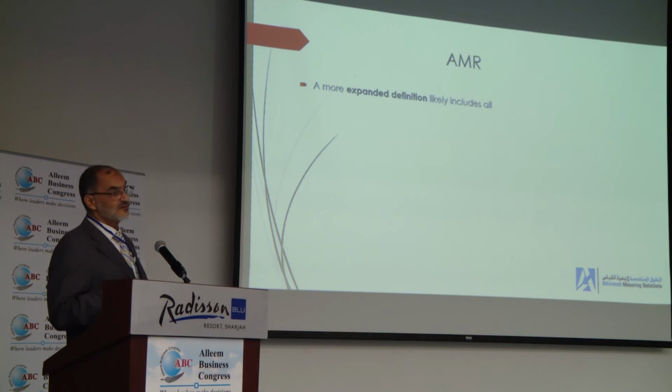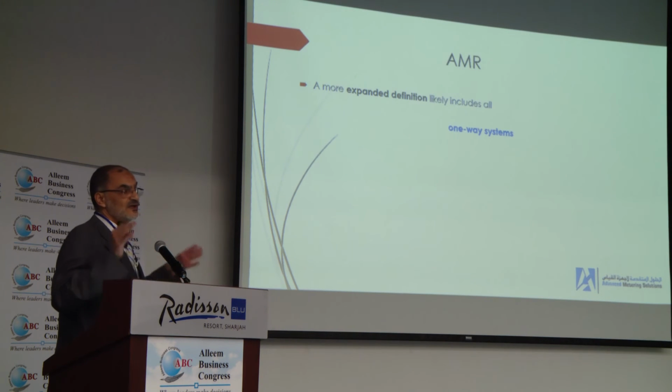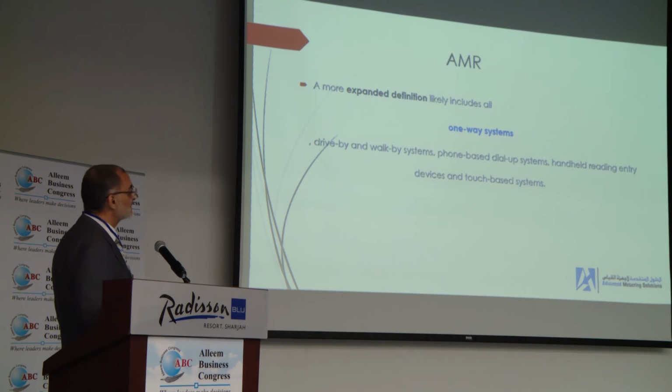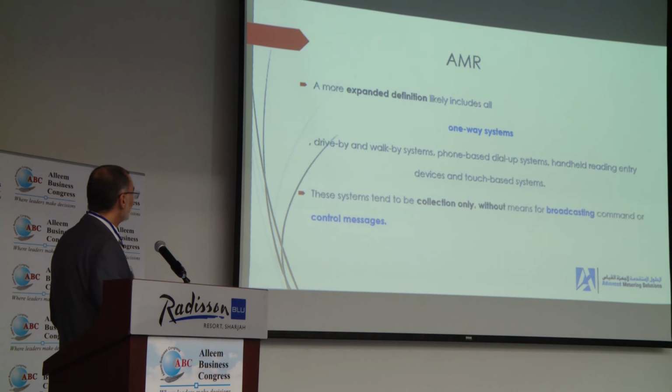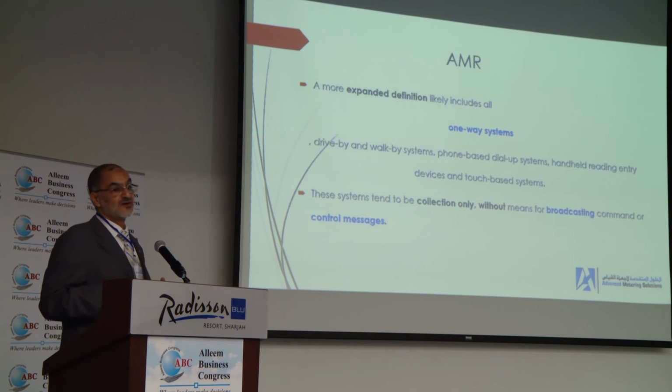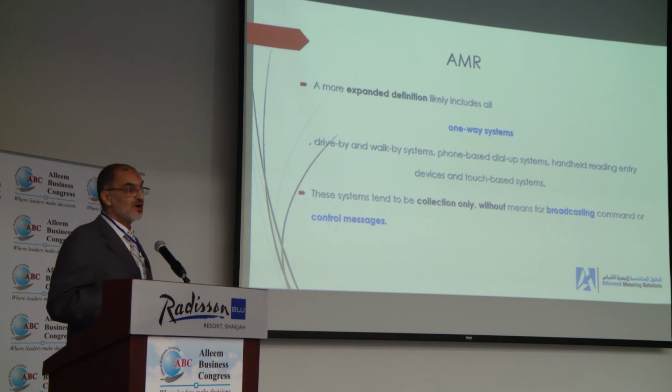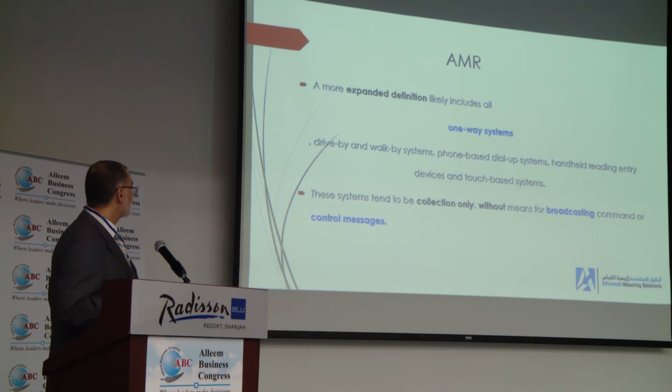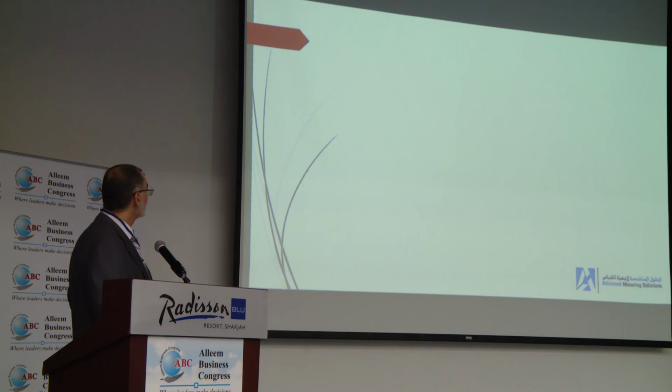The definition of AMR can be extended to include all one-way systems that are used to collect the meter readings. These systems, and this is what will differentiate the AMR from AMI, do not support any broadcasting commands or control messages.